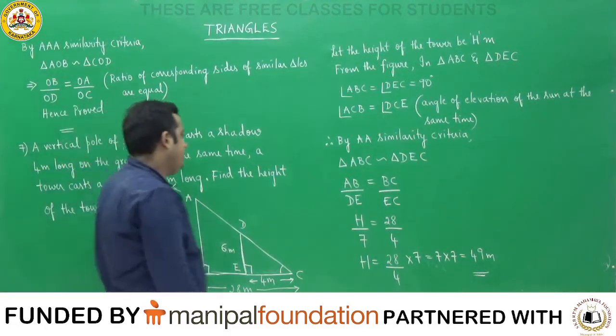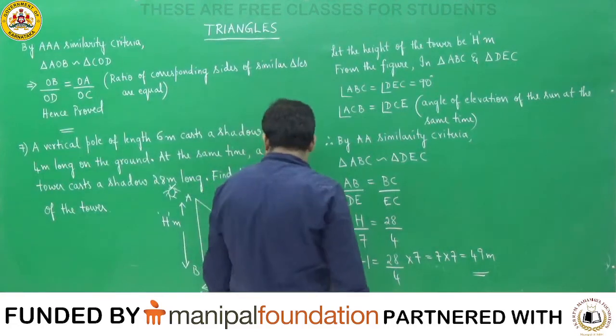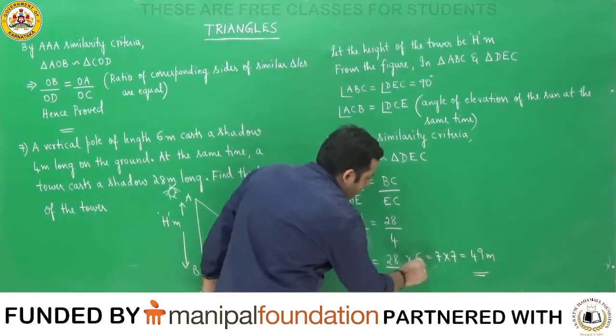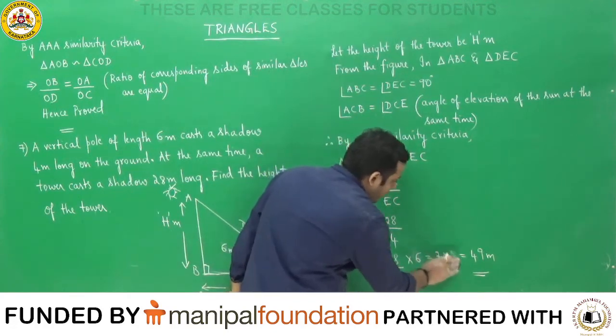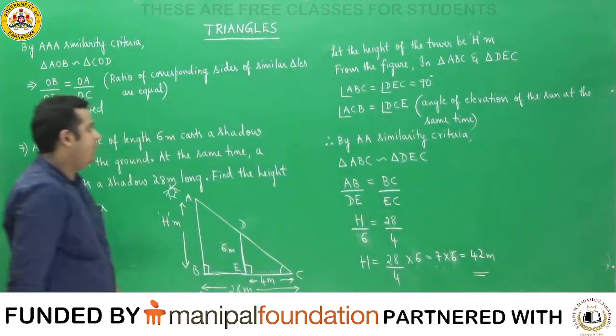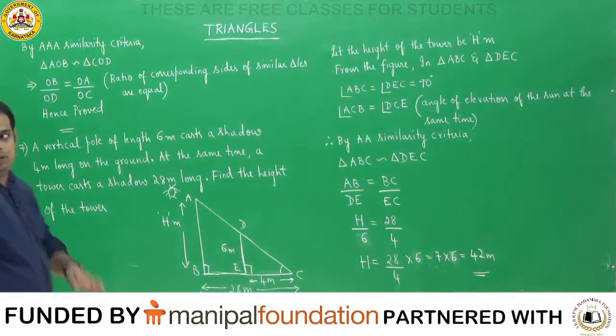So you make this 6. 7 into 6 is equal to 42 meters, which will be the answer to the question.